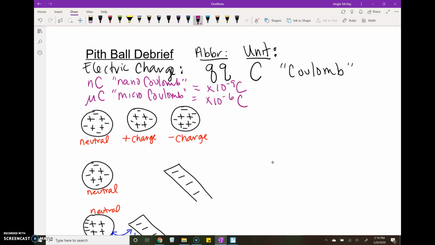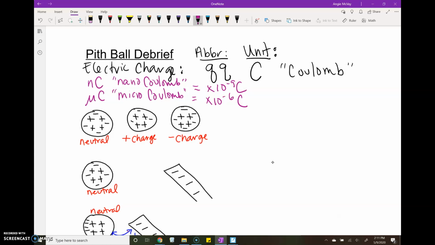All right, so I asked you to take a look at the electroscope simulation, and you could see positive and negative charges and how they moved or didn't move within a metal electroscope. What you should have seen is that positive charges stayed put and negative charges were moving around.